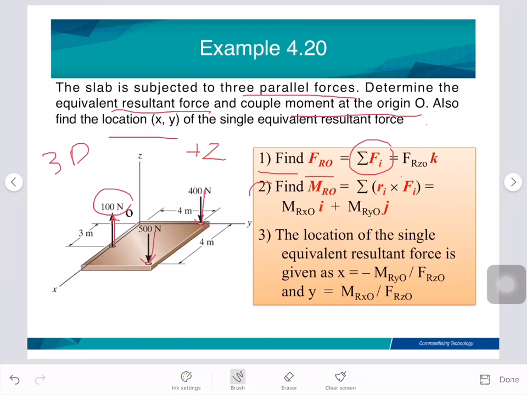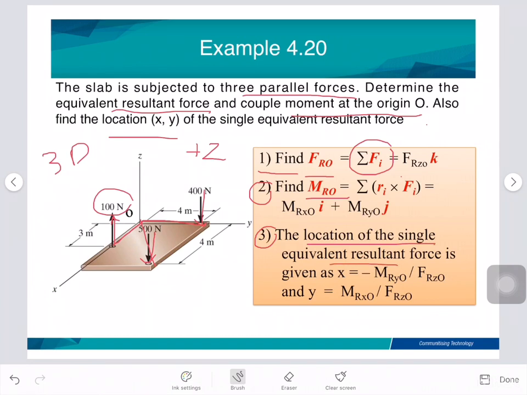So we need to get the force resultant. So the force resultant is equal to all the forces in the Z axis. Okay, number 2, we need to find the moment resultant. So for 3D, we have R cross F. So here this force is already in Cartesian, right? Fk. So you need to get what is the R, from this force to this point, and then for this force to this point, you need to get the R. Okay, and the third is the location of the single equivalent resultant force.